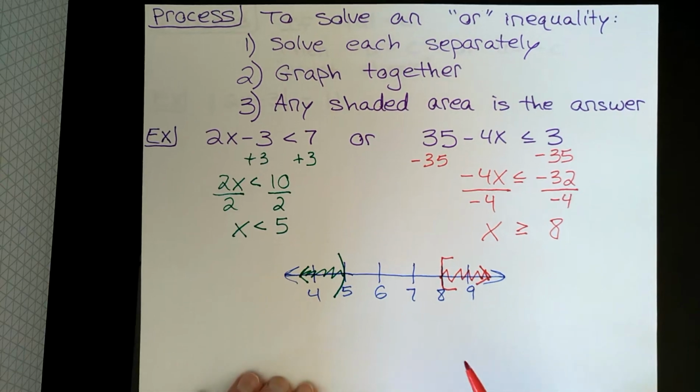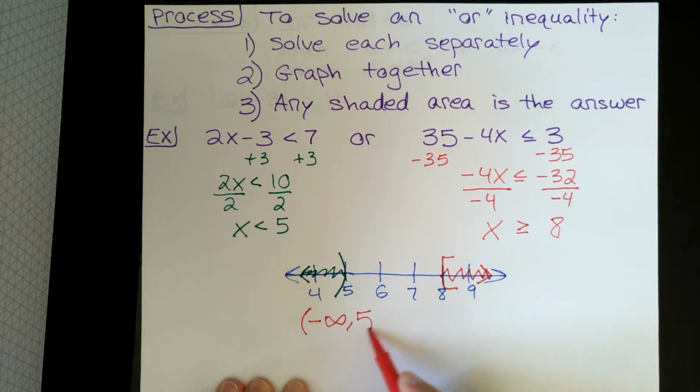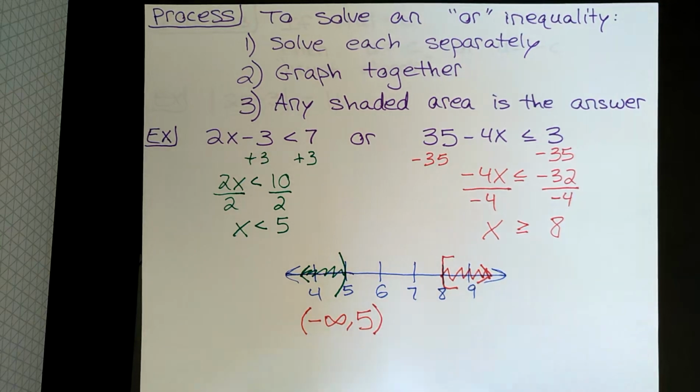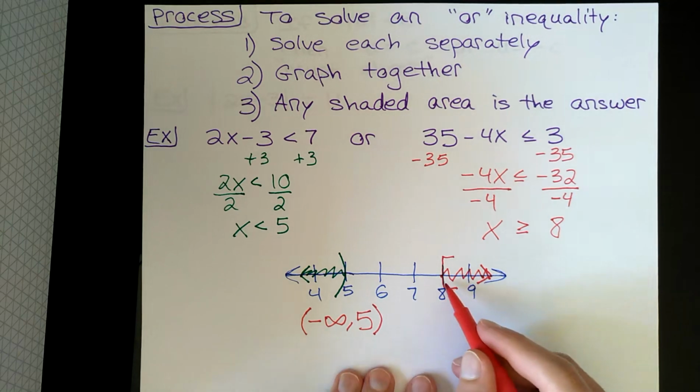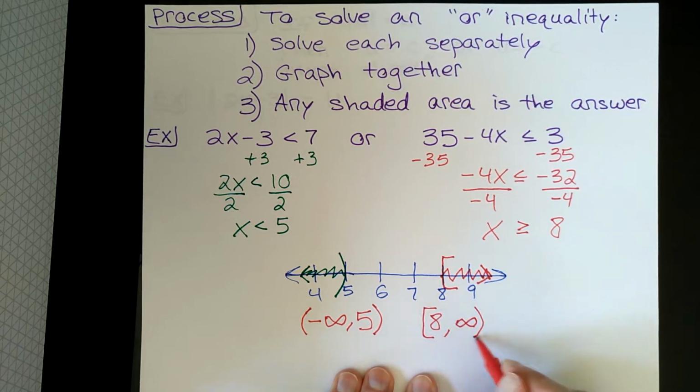And now, what does this look like in an interval? Well, we have every number to the left of 5, not including 5, included in our solution. So that means from negative infinity all the way to 5, parenthesis. And we also have every number to the right of 8, including 8 because of the bracket. So 8, bracket, all the way to positive infinity, parenthesis.